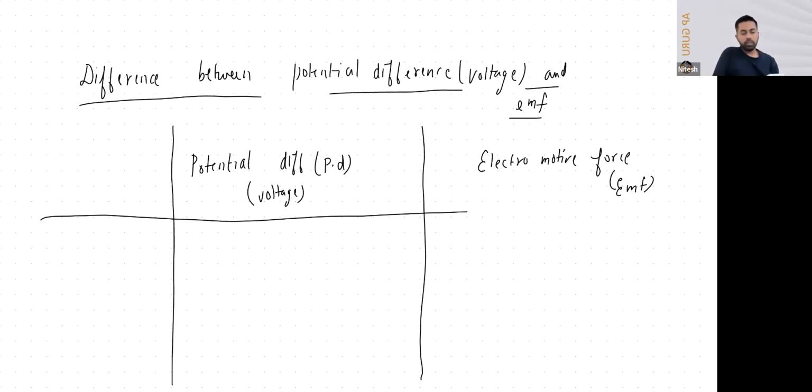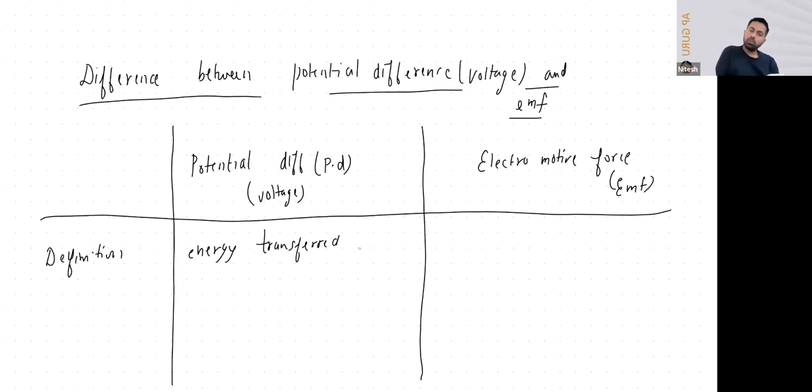The first classification, I'm talking about the definition or the meaning of it. When I'm talking about the potential difference, it's defined as the energy transferred by a component per unit charge.